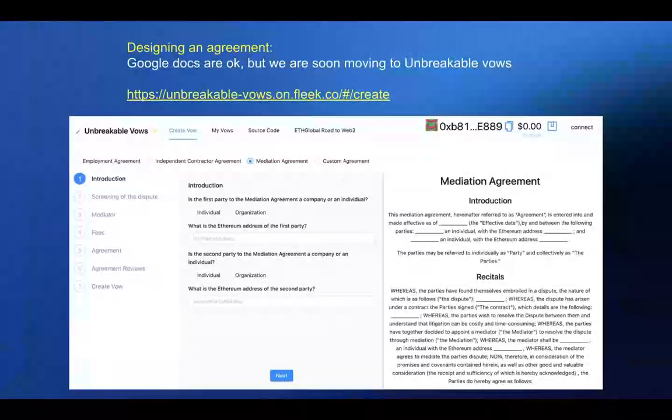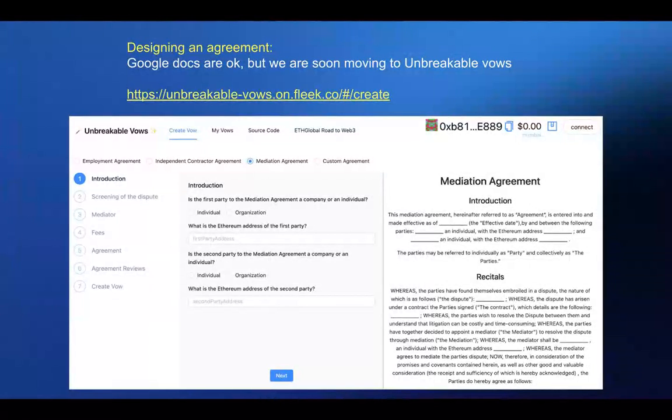Also, right now, as I showed you before, we use Google Docs to make our mediation agreements. That's okay. But we are also working on a hackathon project sponsored by One Hive, called Unbreakable Vows, where we are trying to provide people with open source legal documents that can be cryptographically signed and encrypted only by the parties.